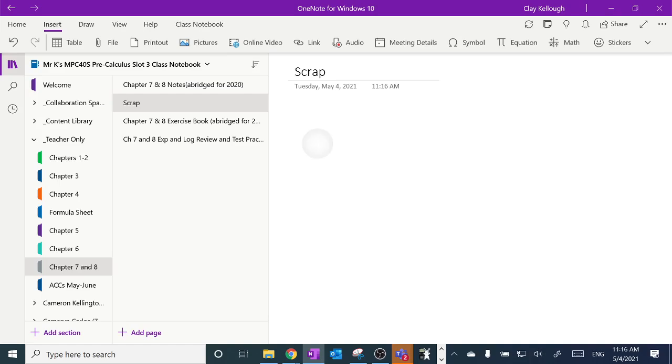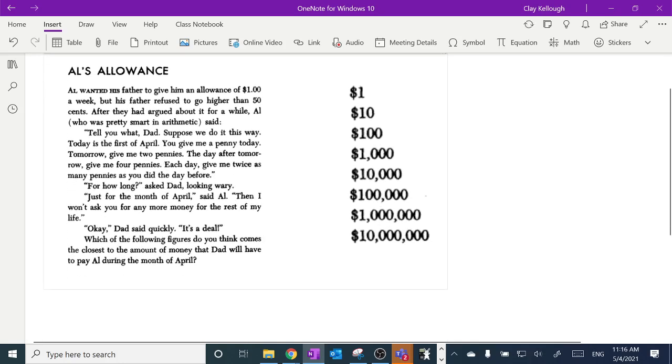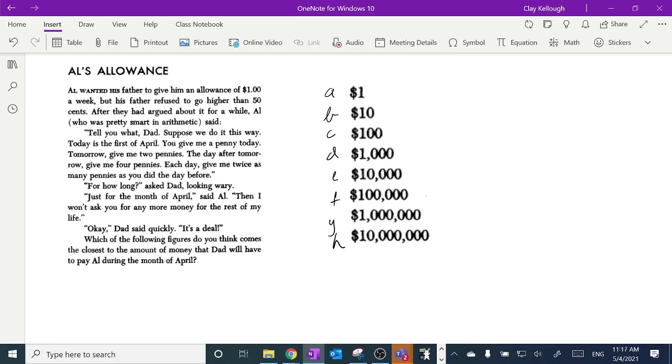There we go, and then we'll just put it there. There we go, Al's allowance. Okay, so why don't we call this A, B, C, D, E, F, G, and H?